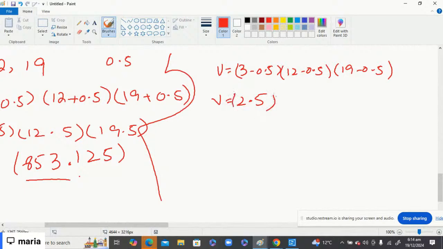Now subtracting from 12, this becomes 11.5, and this becomes 18.5. Now multiplying 2.5 times 11.5 times 18.5, this becomes 531.875.